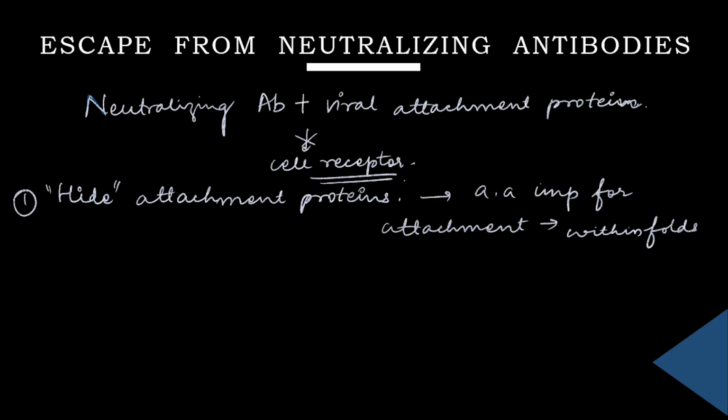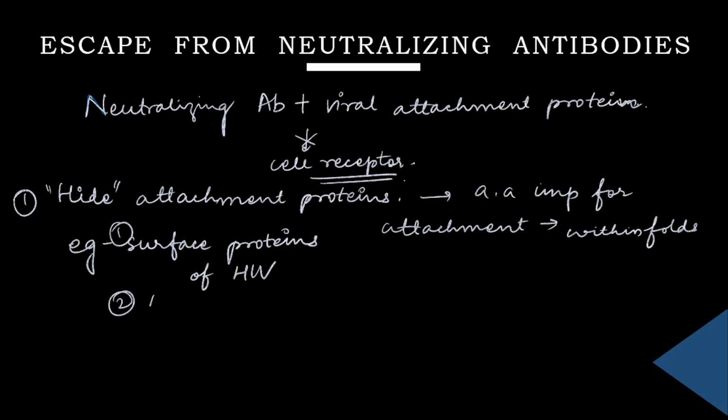Thus these viruses are able to evade the neutralizing antibody. This is the case with the surface proteins of HIV, and a second example is the HA protein of influenza virus.